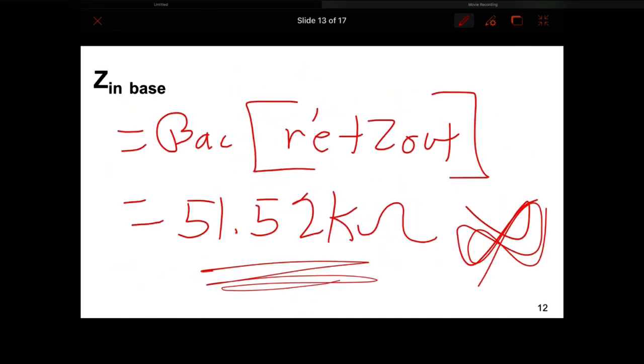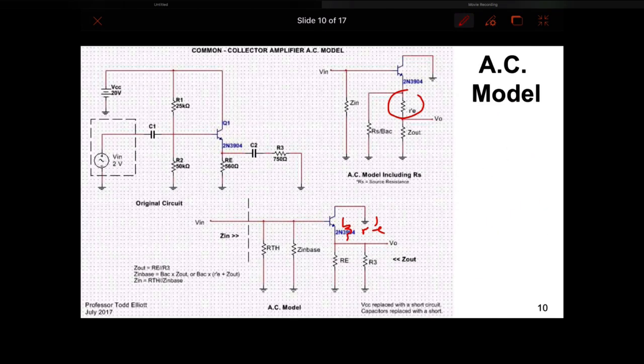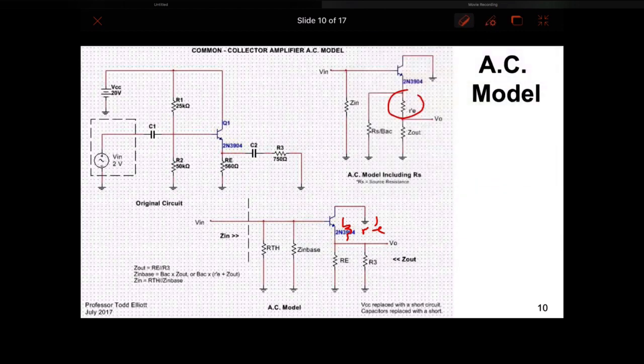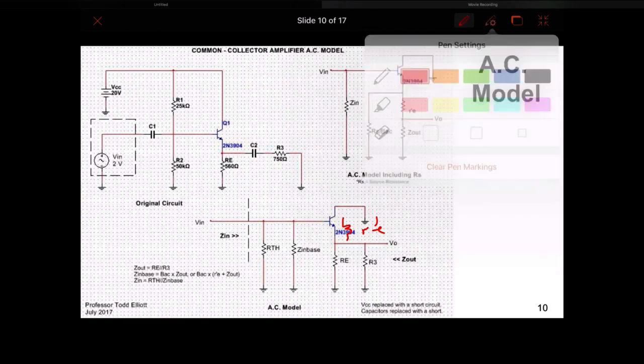Okay, so let's go back now to here, and I want to erase here like that. Okay, good.